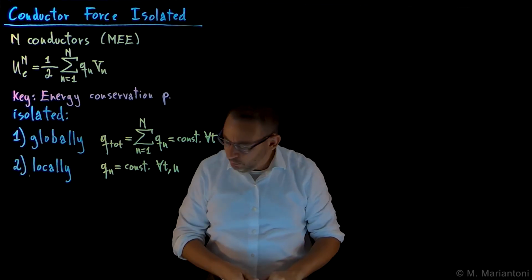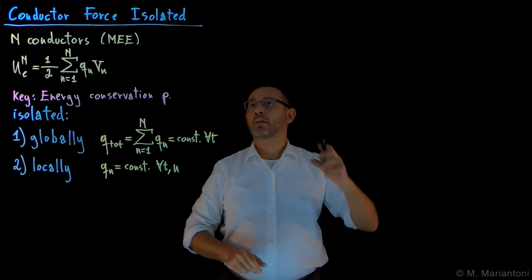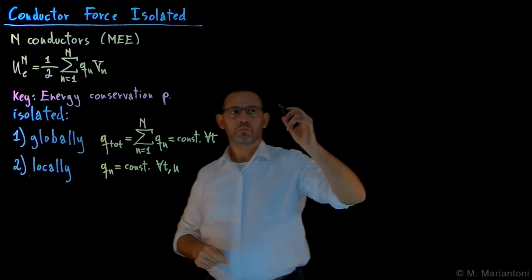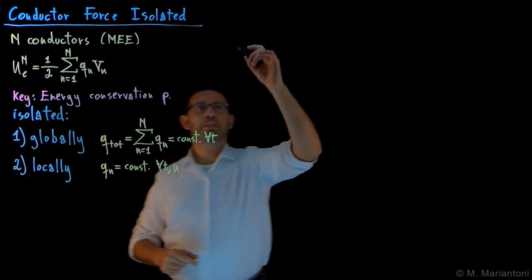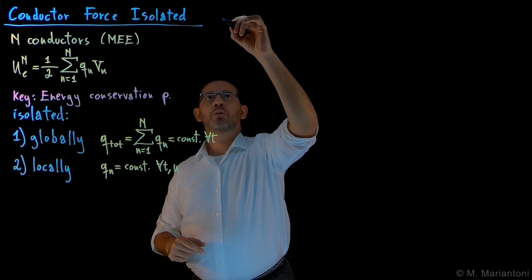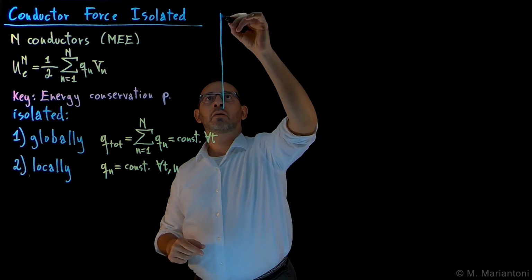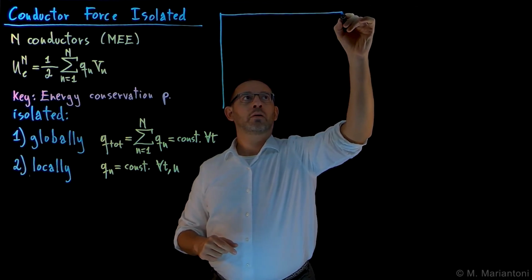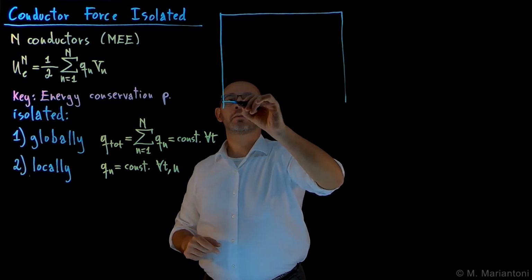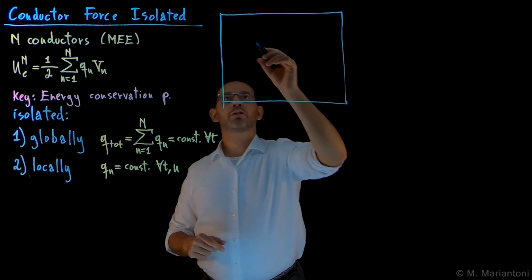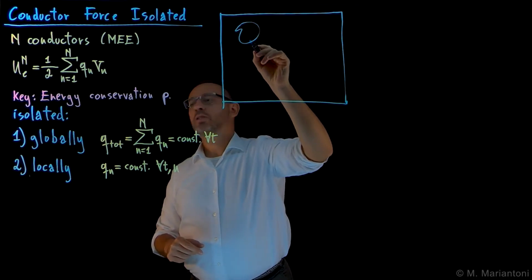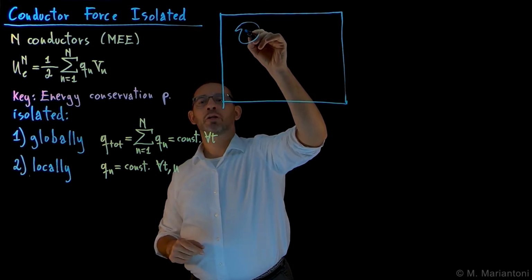Okay, so it's worth making a little sketch that shows what I'm talking about here. This is our universe, in this box. Within this universe, we can have a first conductor, which will have a charge Q1, which has to be a constant.